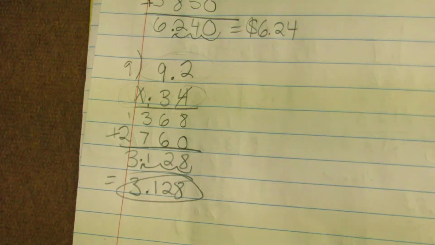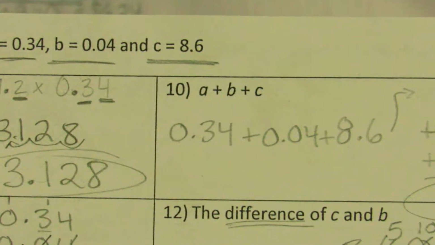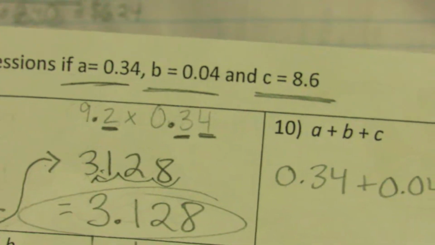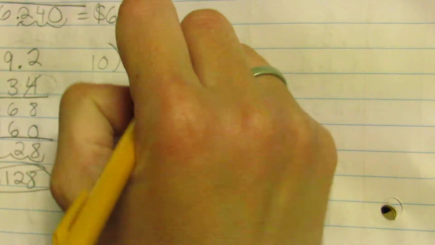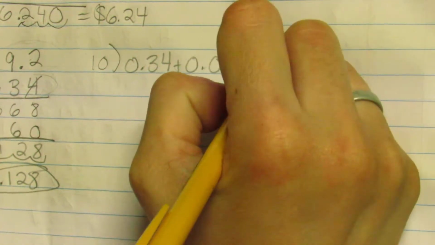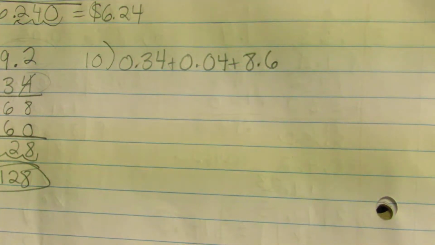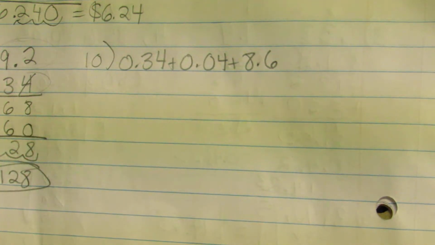All right, so number 10 says A plus B plus C. So again, you were given your key right here. So you're literally just going to list those out just like that. So 0.34 plus 0.04 plus 8.6. Now, if you don't know which one's largest, I want you to think about money. And if you still don't know which one's largest, that's okay, because it's addition.